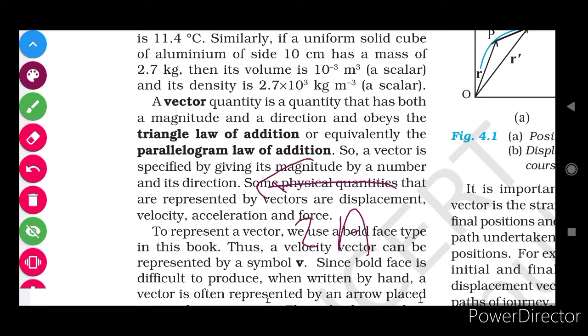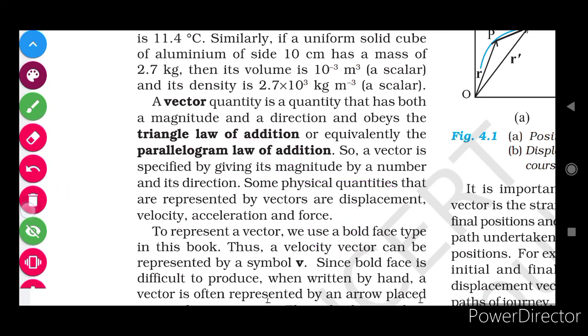Because it doesn't obey the triangle law of vector addition and the parallelogram law of vector addition, which are almost the same. So a vector will be called a vector if it has direction, magnitude, and it obeys the parallelogram or triangular law of vector addition. Then it will be called a vector. If it has direction but doesn't obey this, like current, it is not a vector at all.